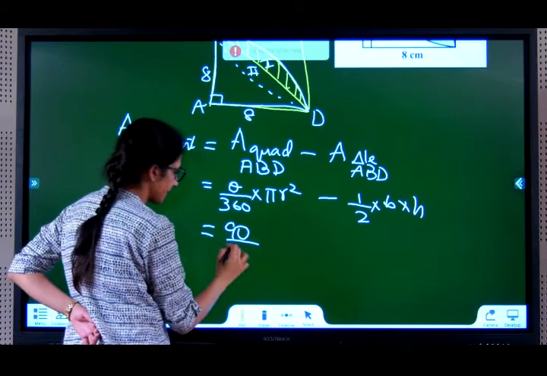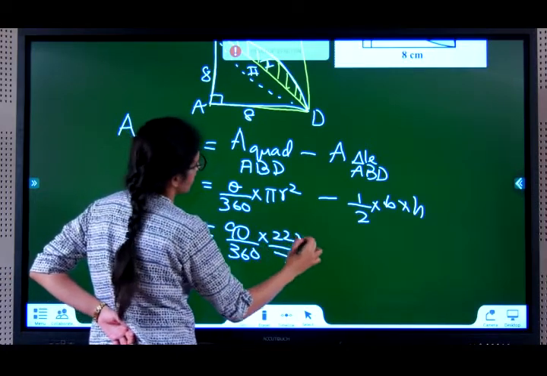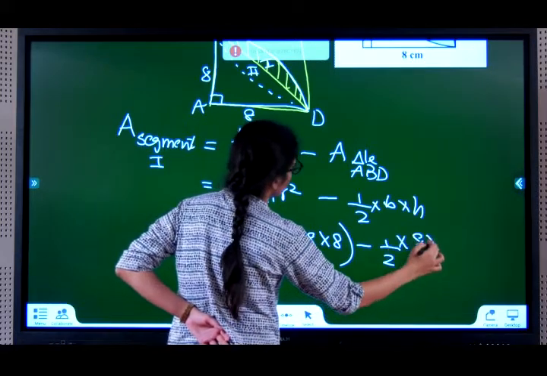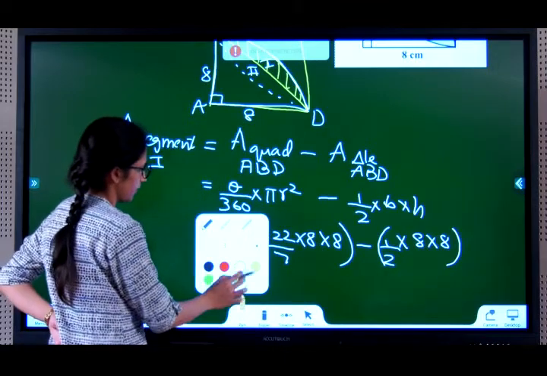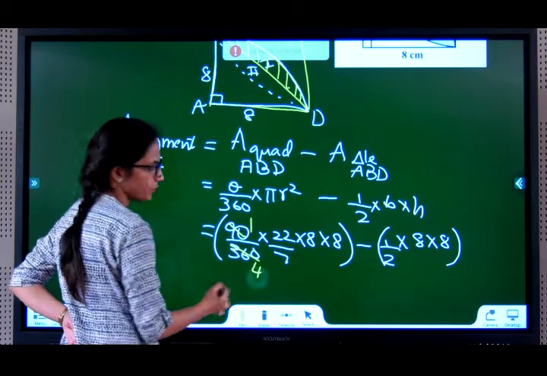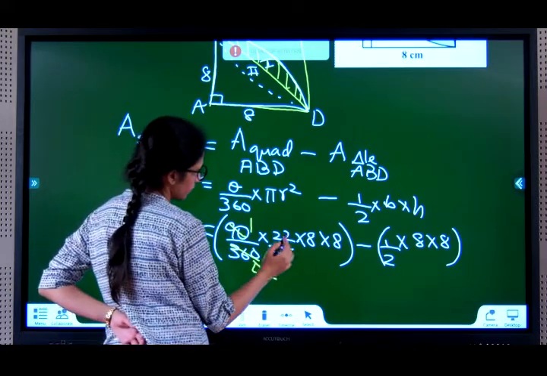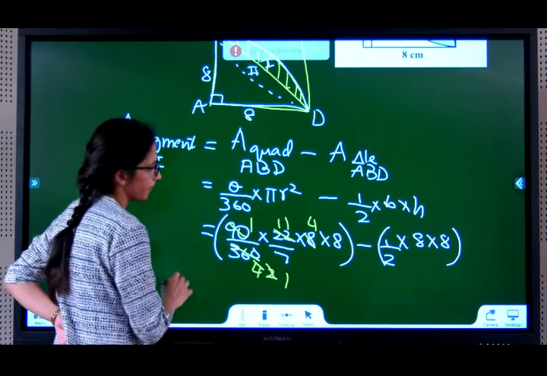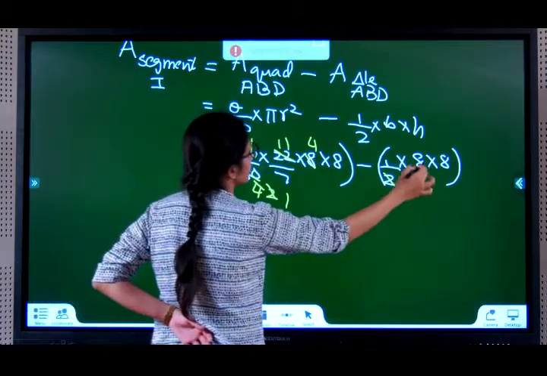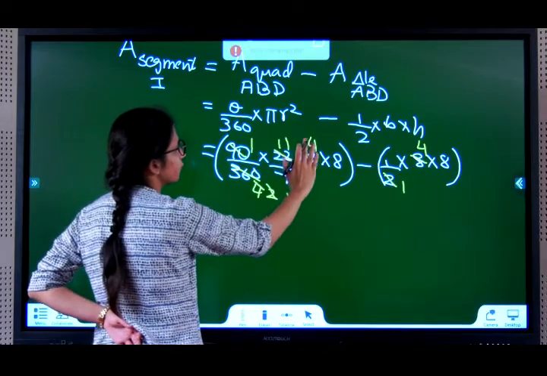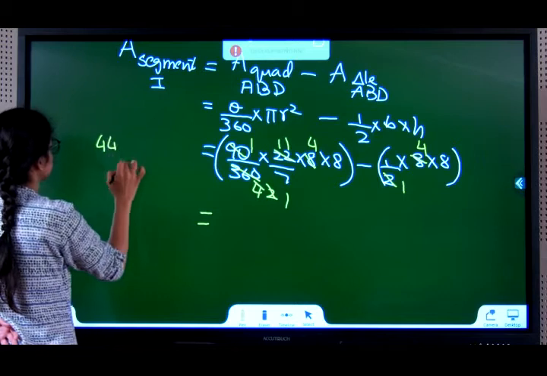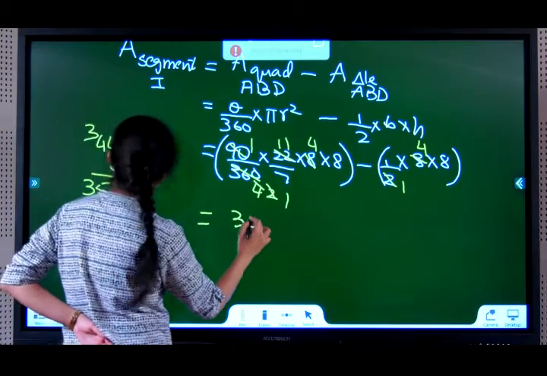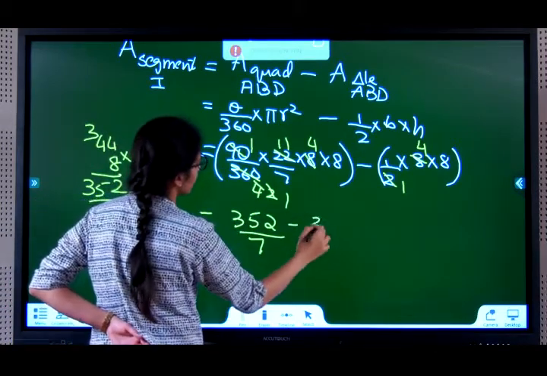Theta by 360, 90 by 360 into 22 by 7 into 8 into 8, minus half into base into height, 8 into 8. 1s are 4s are 2, 2s are 2, 11s are 2, 1s are 2, 4s are 11, 4s are 44, 44 into 8. 8 4s are 32, 32 plus 3, 35. 352 by 7 minus 4 8s are 32.